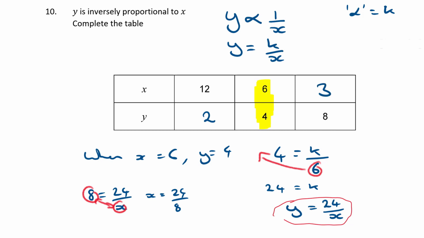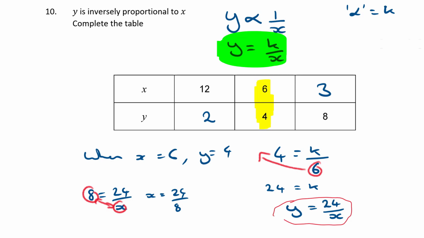So x is 3 when y is 8. Once you've done a few of these proportional questions, they get very, very formulaic. They always start off by giving you the rule that links y and x. You can then form your partial equation, which involves the constant k.